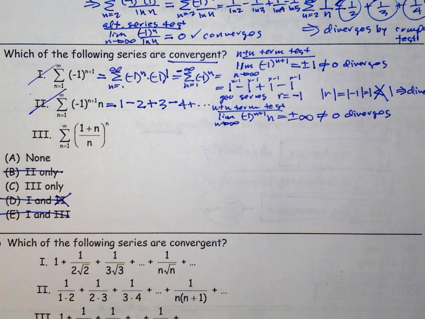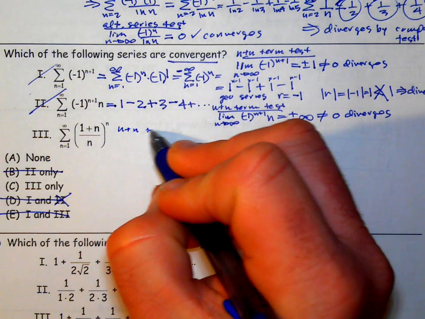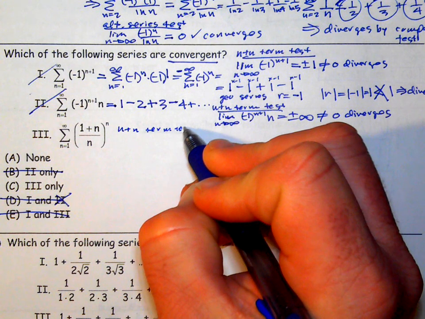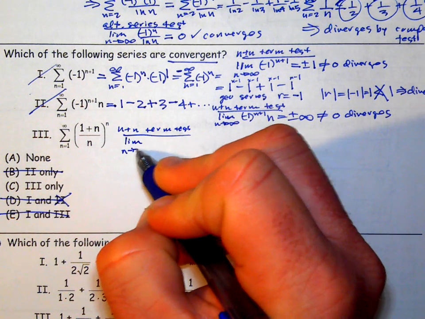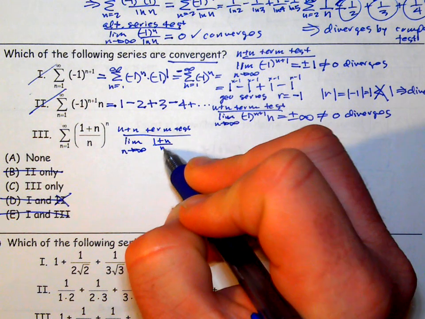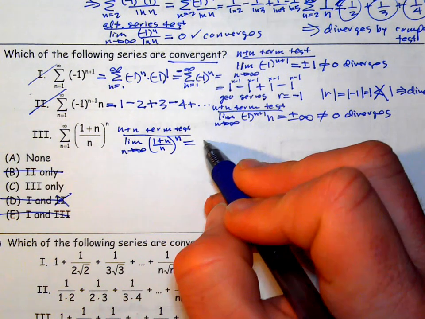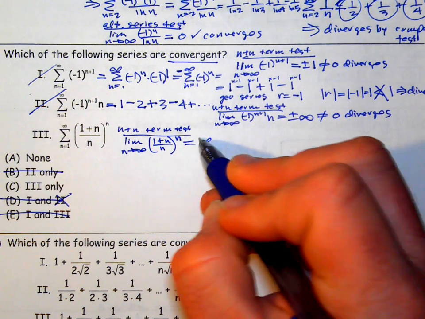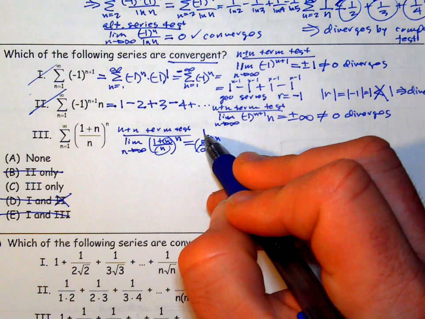This one, if you do the nth term test, limit as n goes to infinity of (1 plus n) over n, you would get infinity over infinity. So you do L'Hopital's rule, but the dominant terms, that is going to 1.